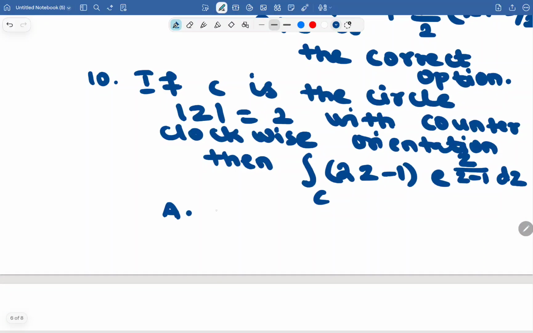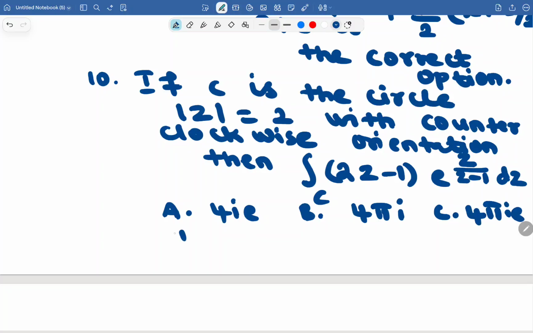Option A: 4iπ e. Option B: 4πi. Option C: 4πi e. Option D: 4π e.